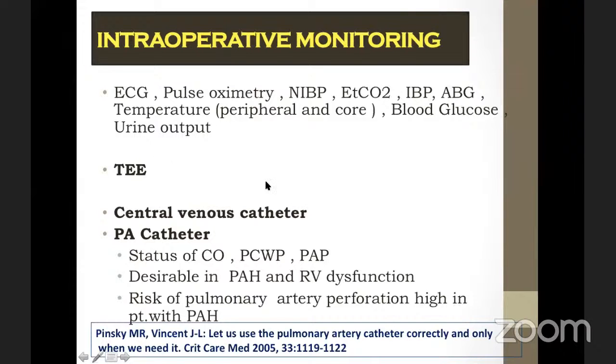Central venous catheter and arterial line are a must. PA catheter, some people prefer, some do not, but if it is there, it is well and good. It gives the status of the cardiac output, and you can see the RV dysfunction, and you can guide your fluid and inotrope. Again, for the perioperative management, you have to follow the grid.